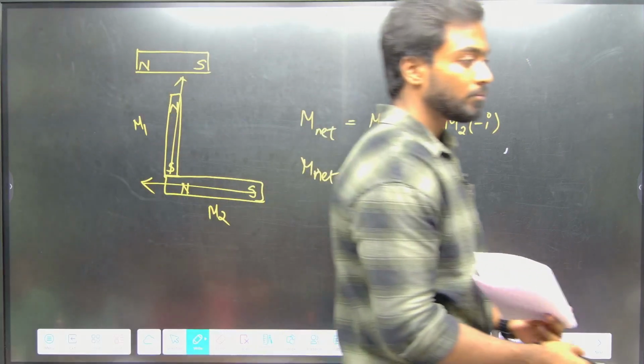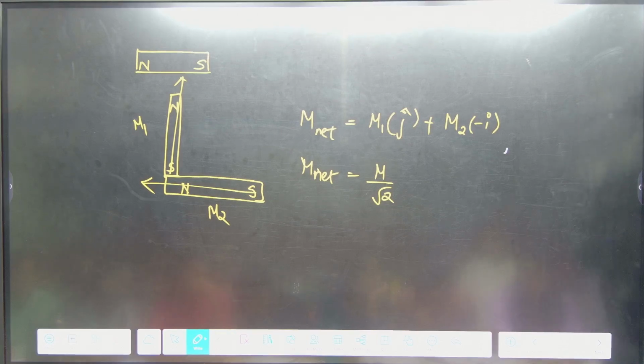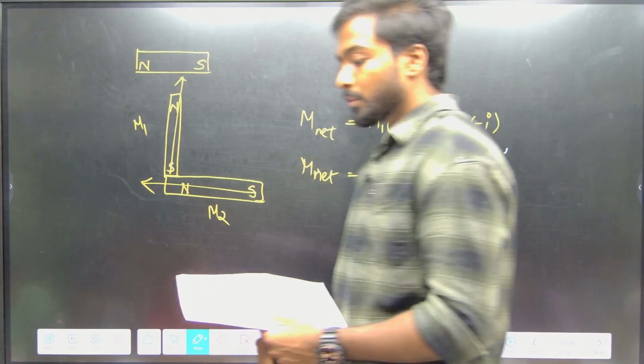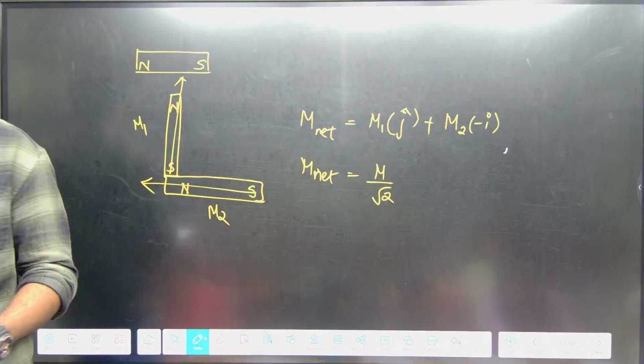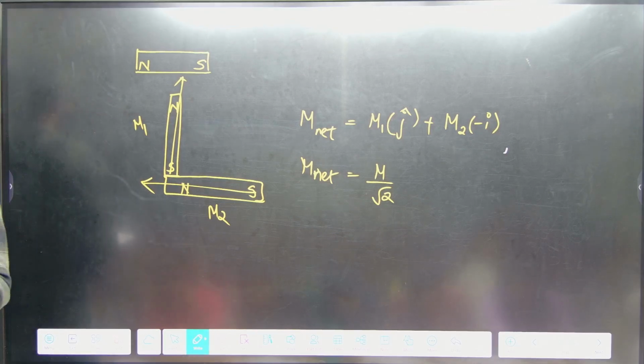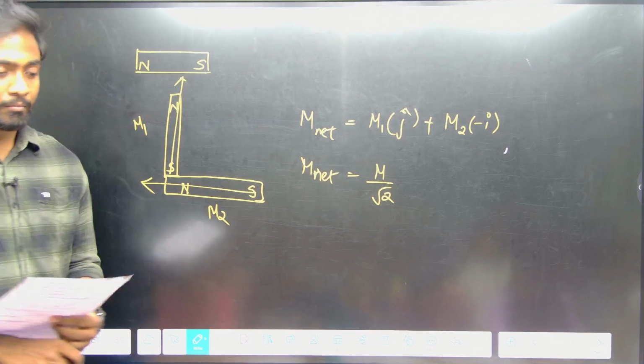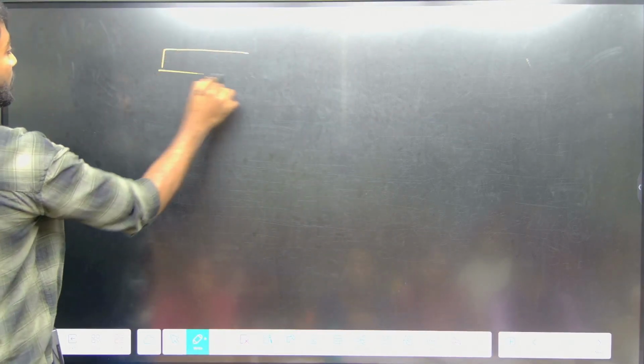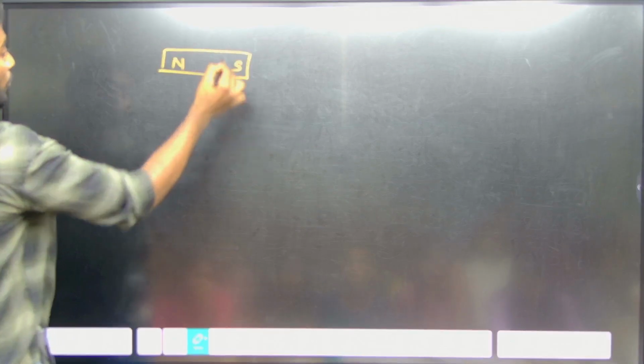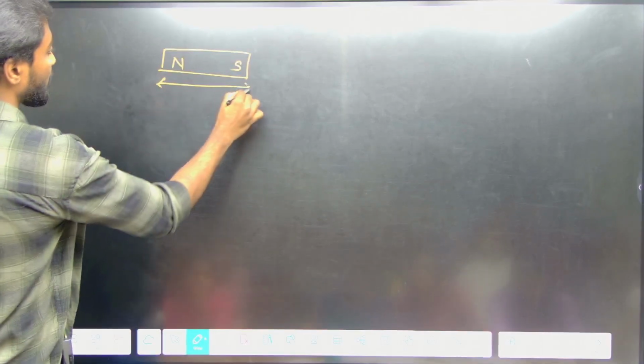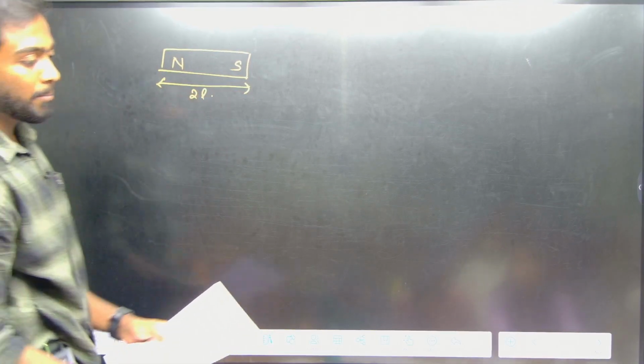Completed? Write down the application. So if a bar magnet having a north pole and south pole, with the distance between them 2L, has been bent into an arc shape.